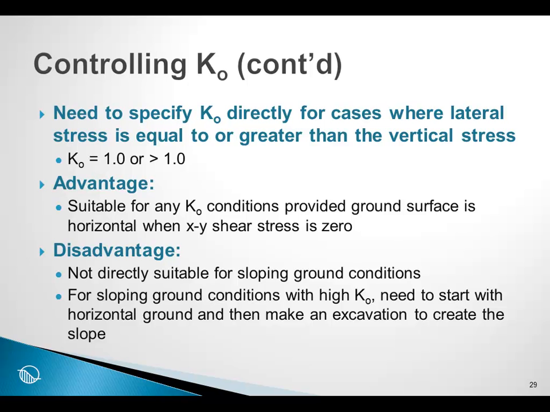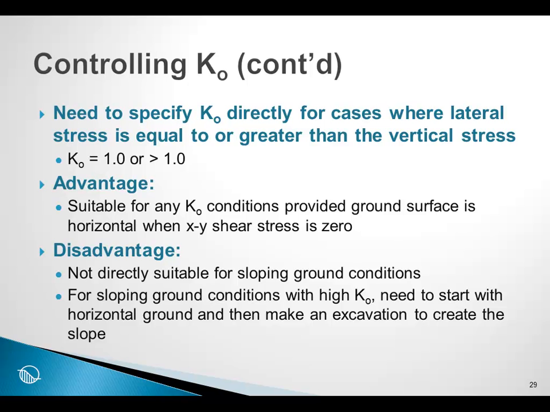Now sometimes we need to specify K0 conditions where K0 is greater than or equal to 1, and SIGMA/W allows us to specify K0 of 1 or greater, but theoretically this is only applicable to horizontal ground conditions.